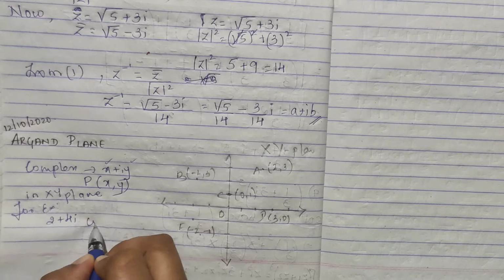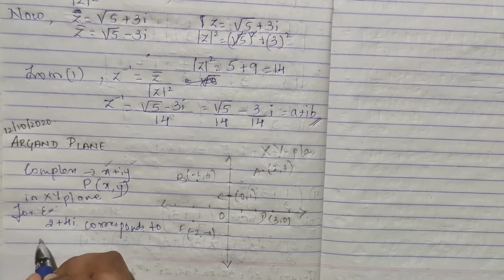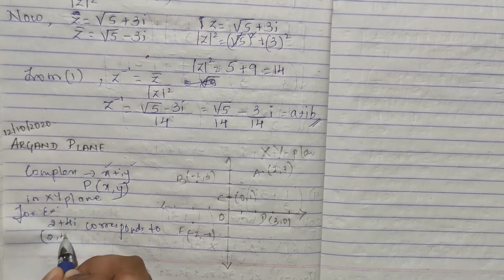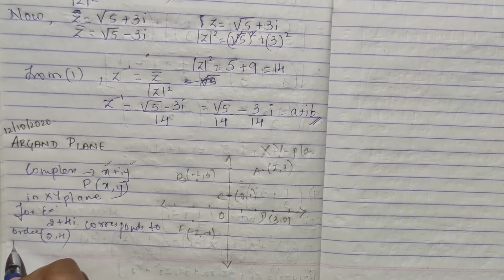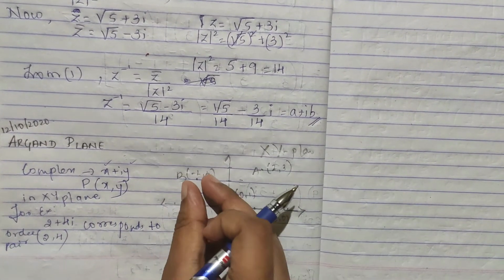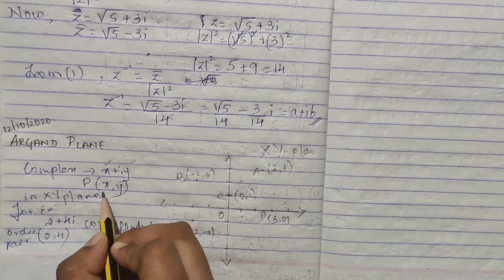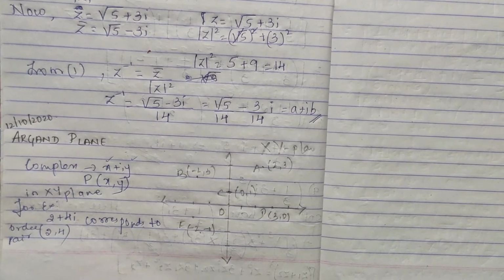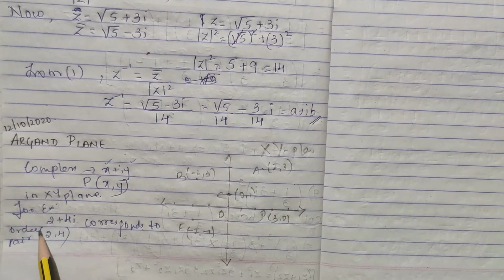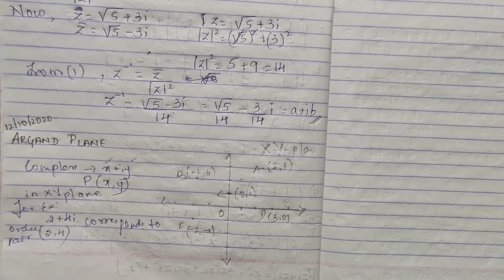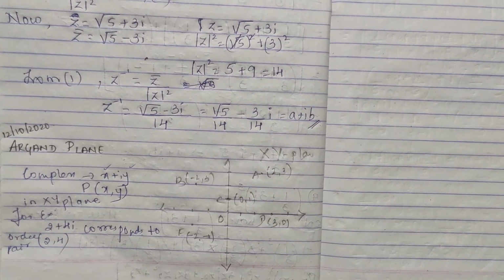What does this correspond to? (2, 4), right? 2 plus 4i corresponds to the ordered pair (2, 4). You call this an ordered pair because the terms are written in order: first the x-axis number and then the y-axis number, written in a pair with brackets.